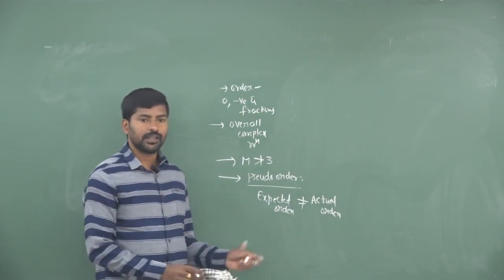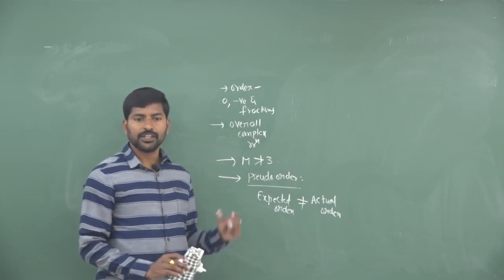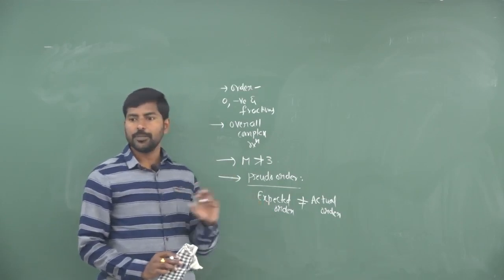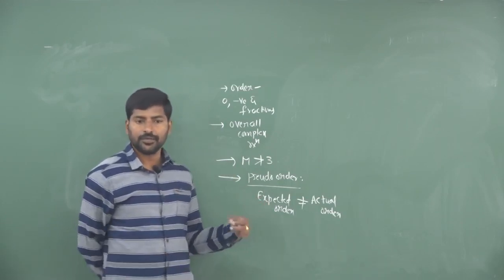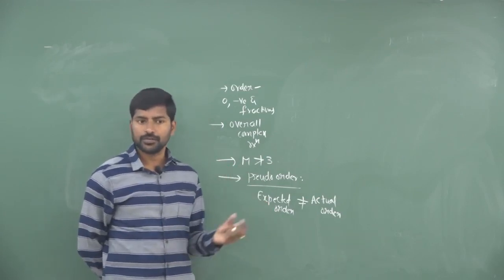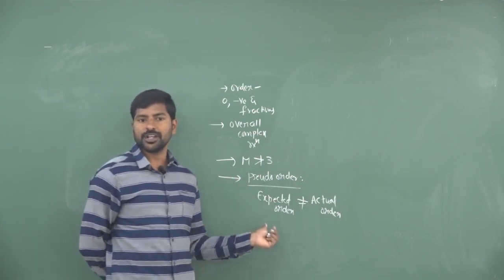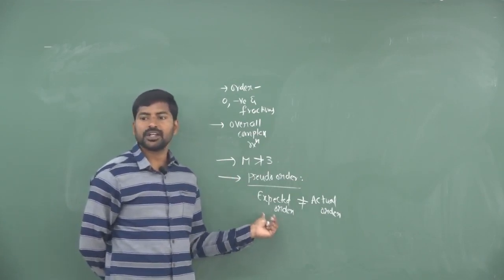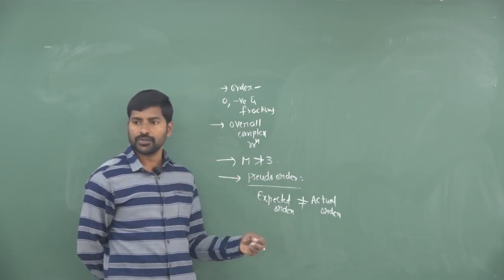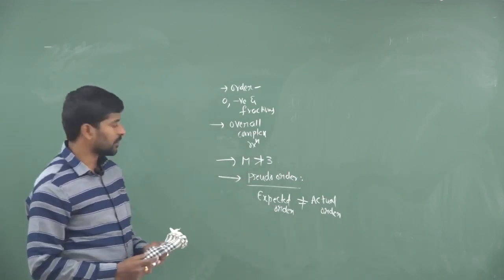Acid catalyzed hydrolysis of methyl acetate, where the rate is independent of water, since we take an excess amount of water. So it is an example of which order reaction? Pseudo first order reaction. Inversion of sucrose is also the same, an example of a pseudo first order reaction.